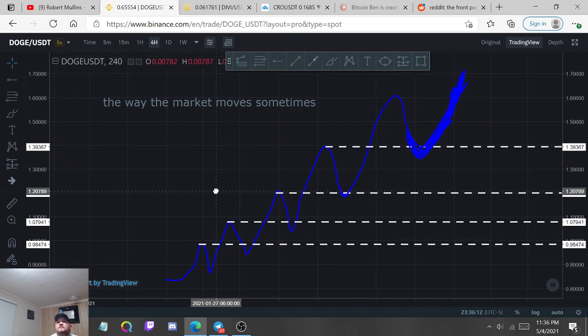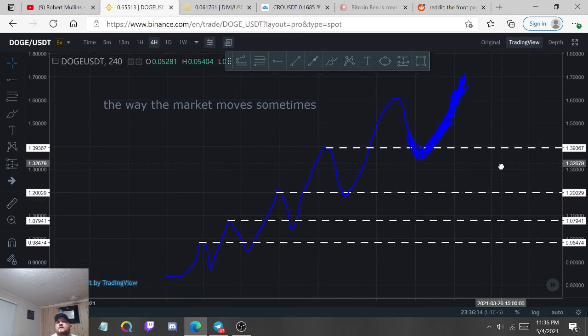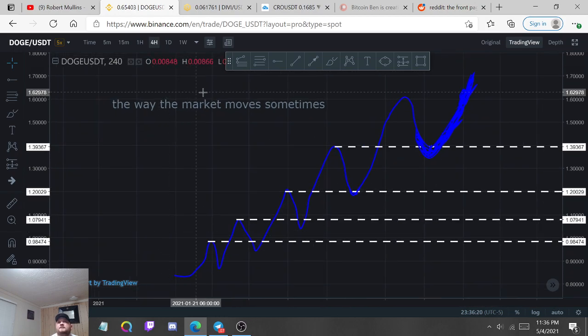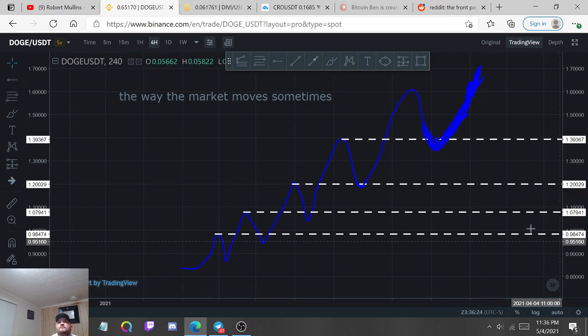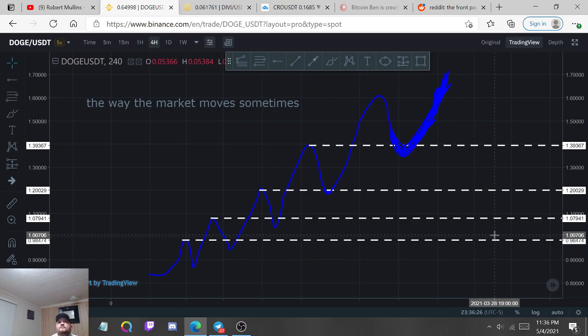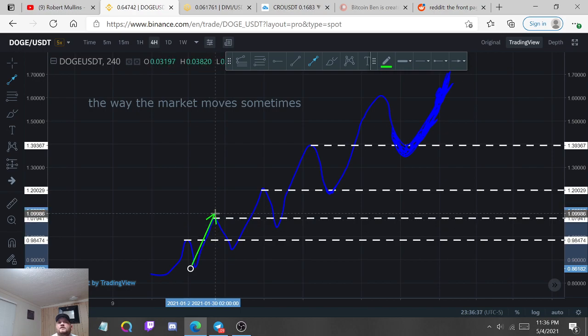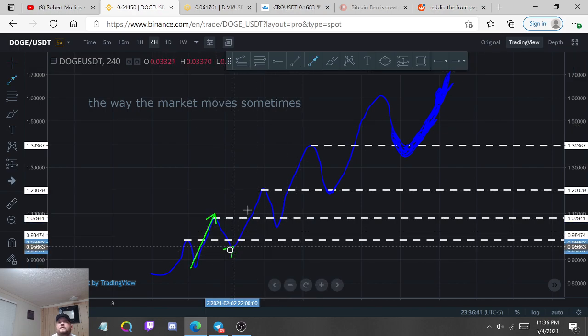This is really the best. This is an uptrend. This is what I look for. I look for an impulse leg.